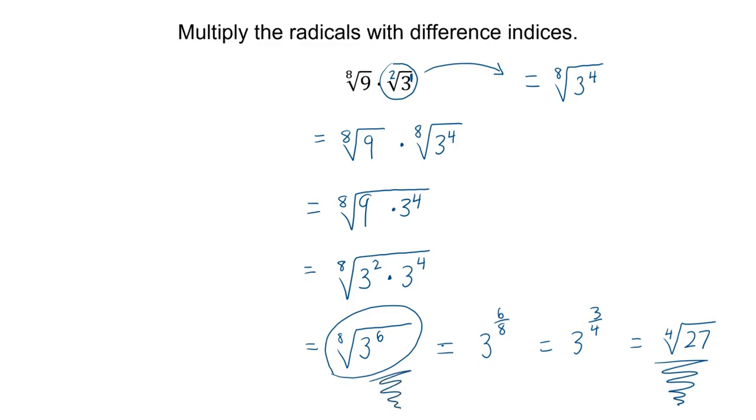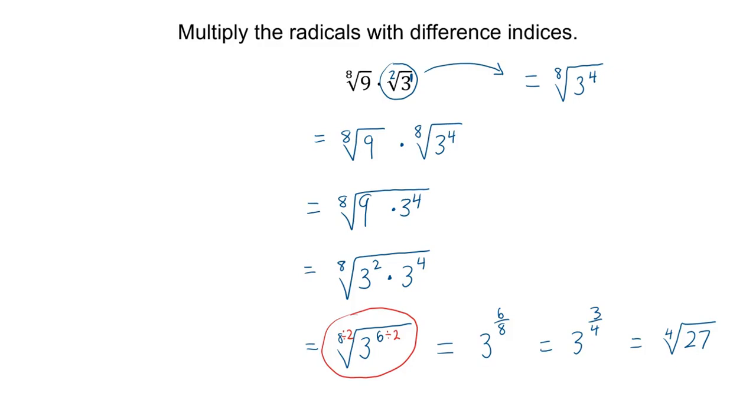So what did this exercise show us? Not only can we multiply an index and an exponent underneath a radical symbol by the same number, but we can also divide them by the same number. Notice that to simplify this expression, we divided the exponent inside by 2, and we divided the index by 2.